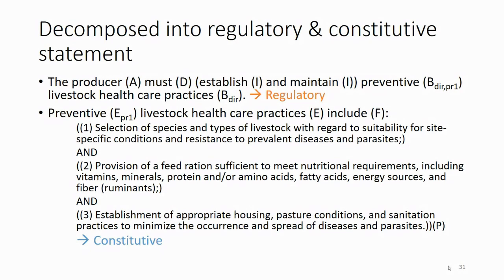So it's important to identify it here, because in this instance, the policy cannot be read without having this particular statement in mind. Otherwise, the preventative livestock healthcare practices as used elsewhere would not be defined, if not interpreted and extracted from this specific regulatory statement.